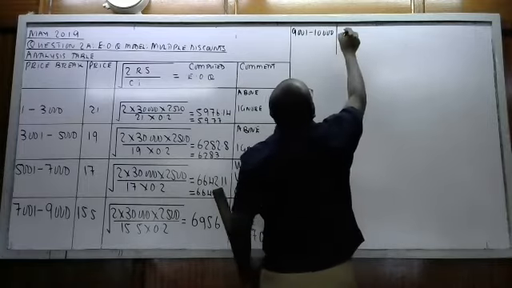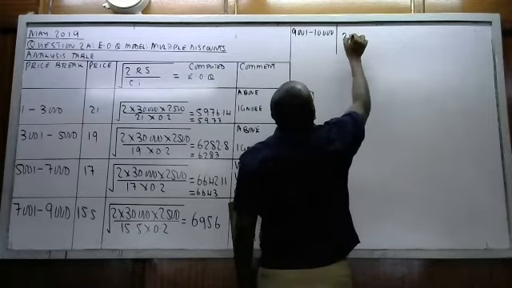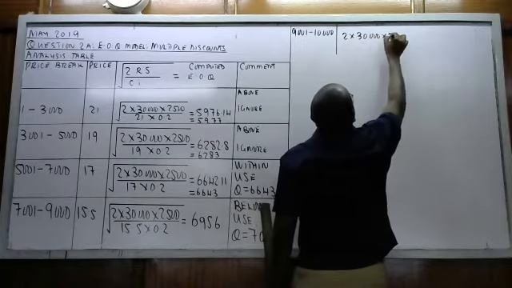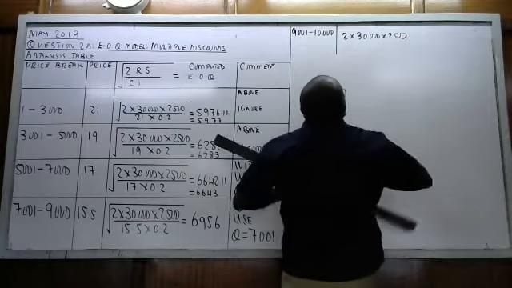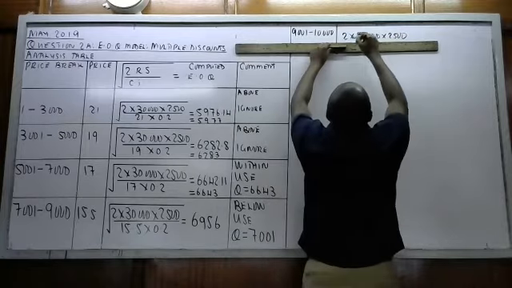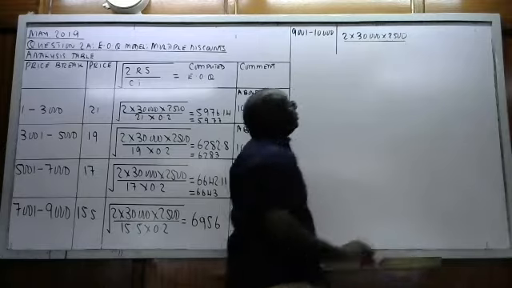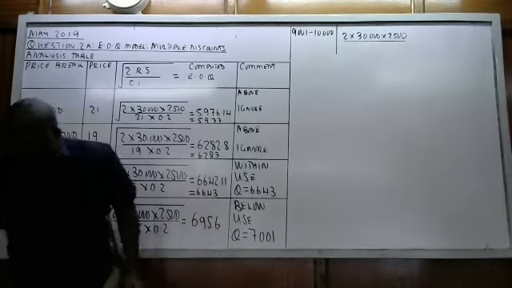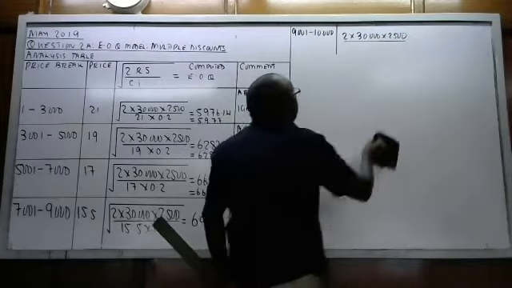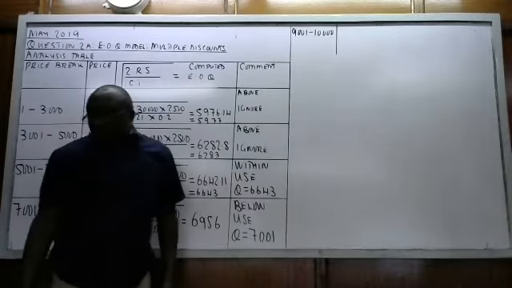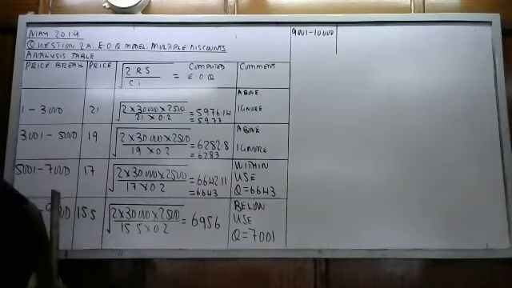So this will be 2 times 30,000 times 2,500. You divide by the price, and the price is 13.